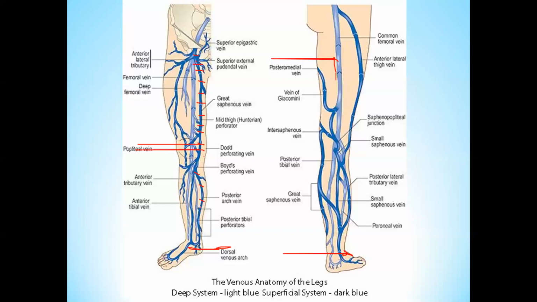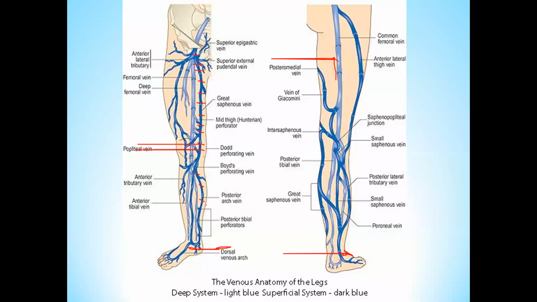And at different locations, it has communication with the deep venous system. That communication between the deep and superficial venous system is called the perforating venous system. So now you should know about the venous system.